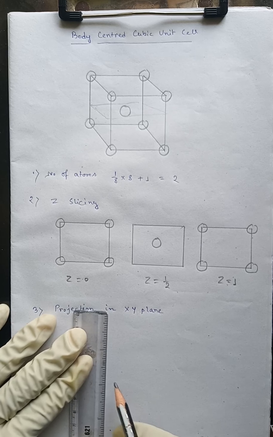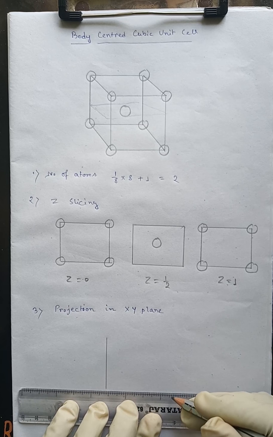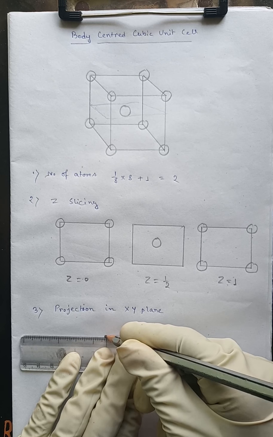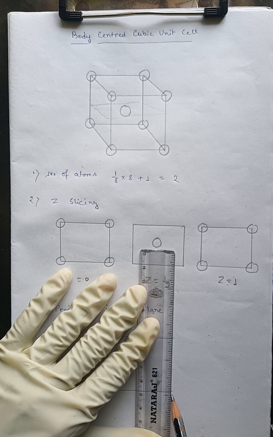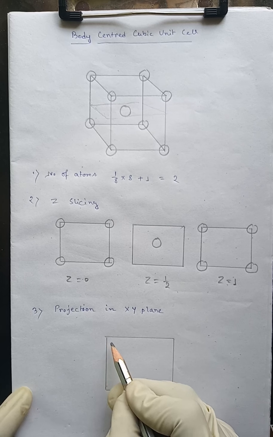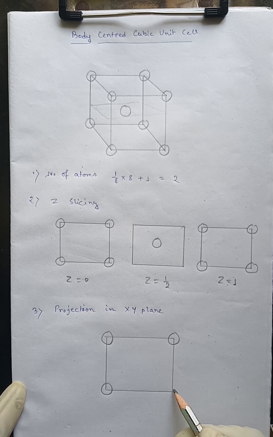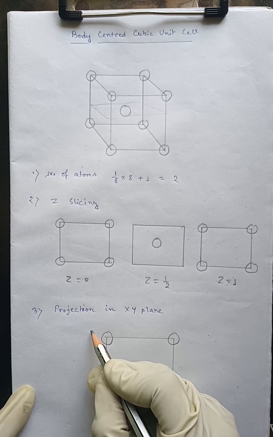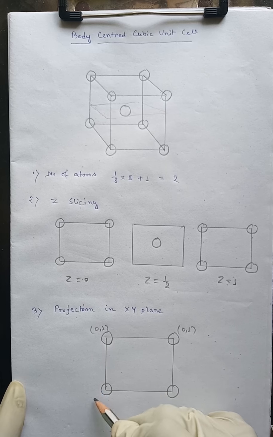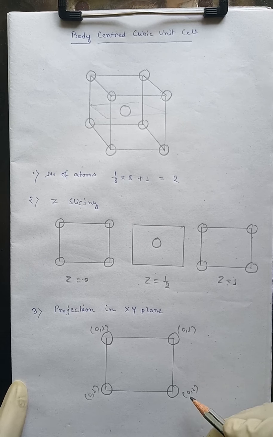So now where will be the atoms? Here will be atoms at z equals to 0 and 1, 0 and 1, 0 and 1.